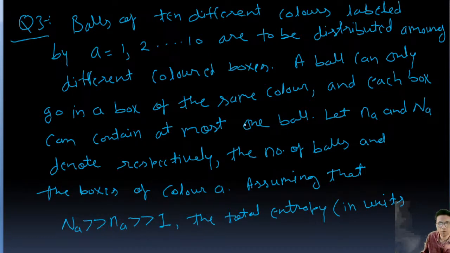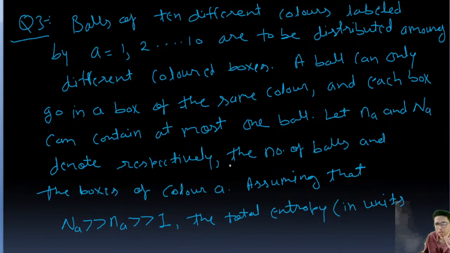Let small na and capital Na denote respectively the number of balls and the number of boxes of color A. So 1 means color 1, 2 means color 2.